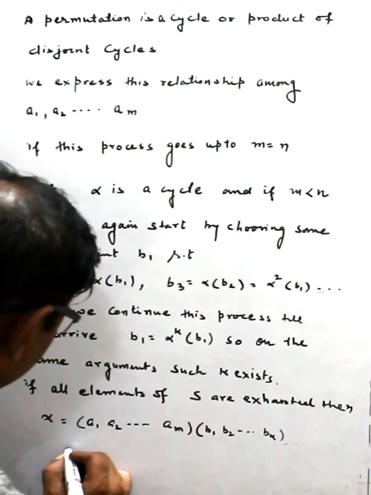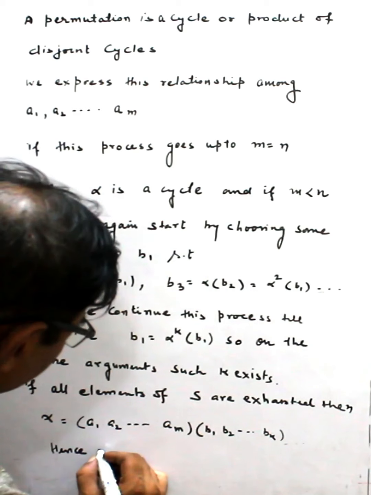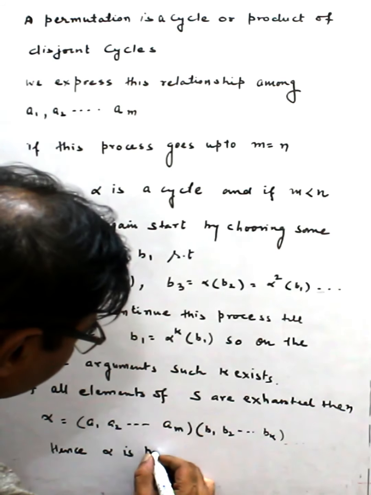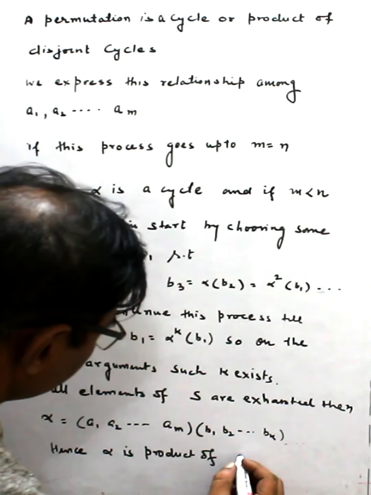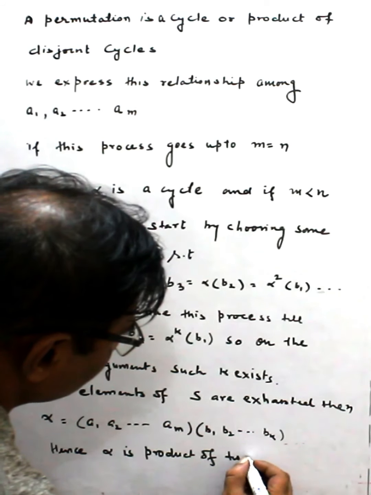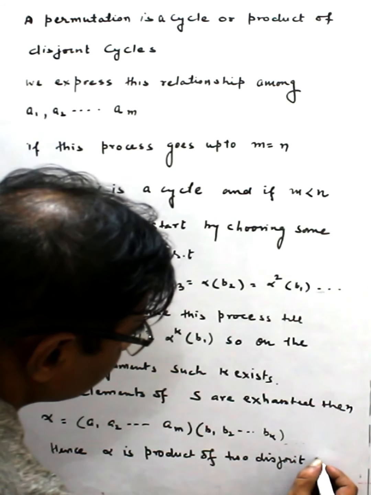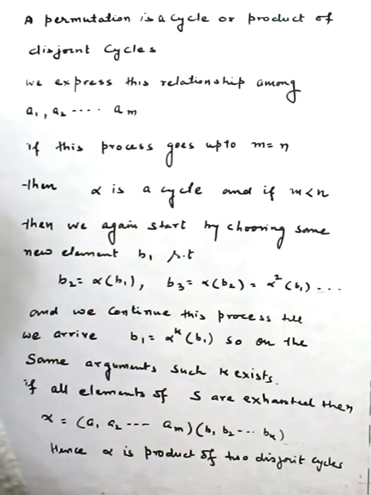So we can say hence alpha is a product of two disjoint cycles.